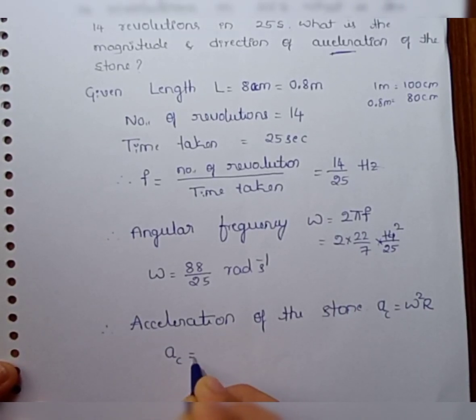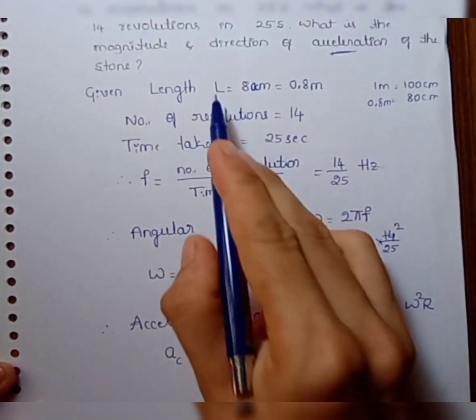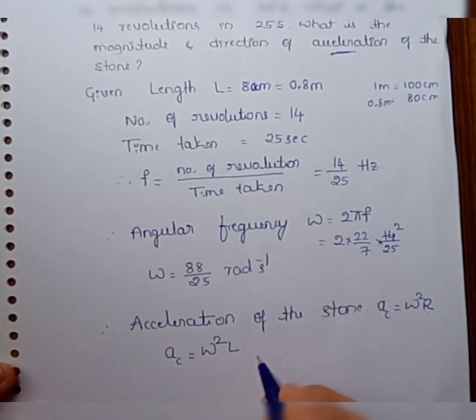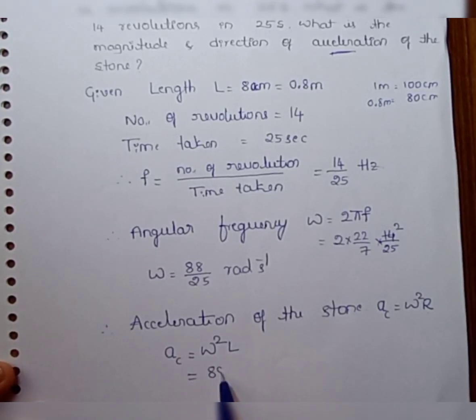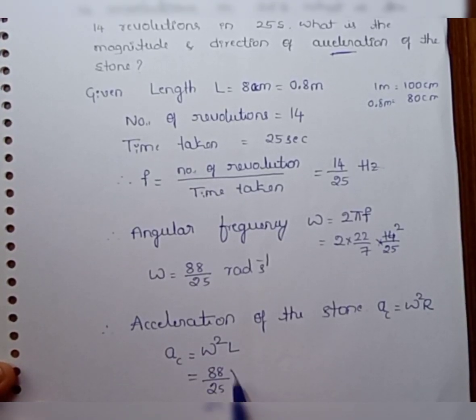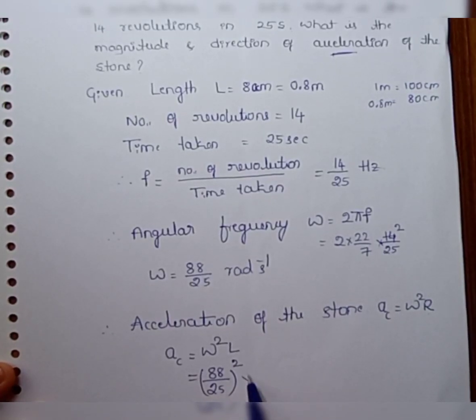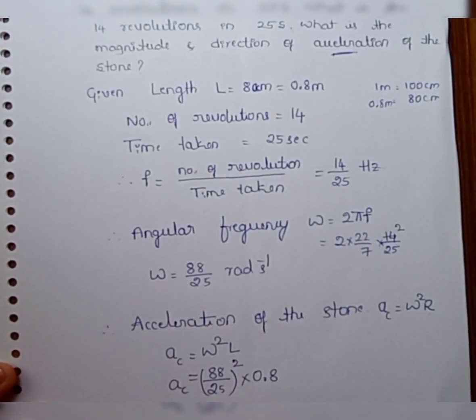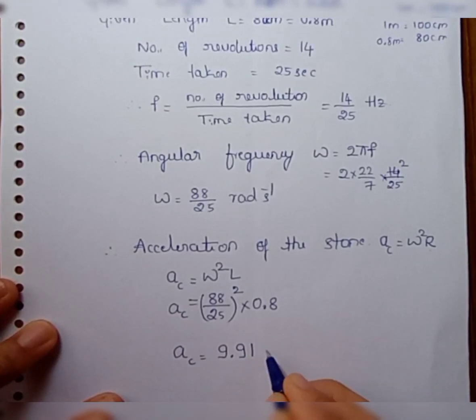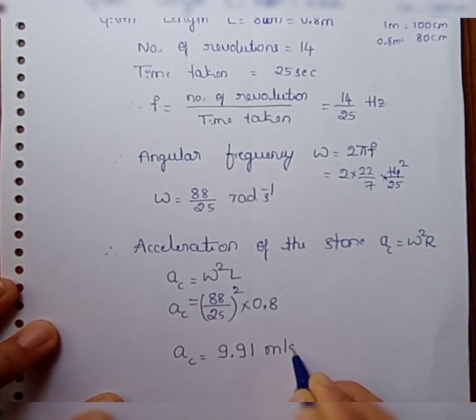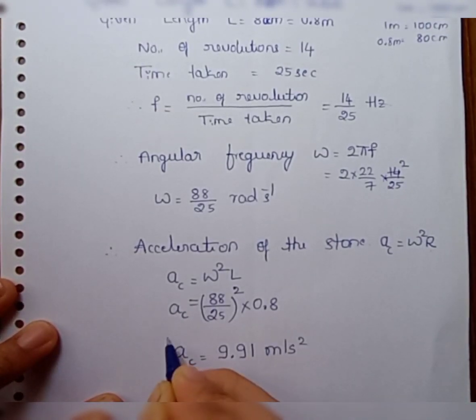So a_c is equal to omega square, R can be written as length L, which is equal to omega square is 88 divided by 25 whole square into 0.8 meter. Therefore, the value of a_c finally we will get 9.91 meter per second square.